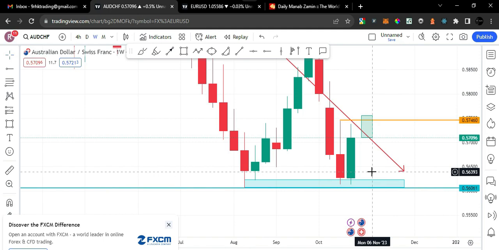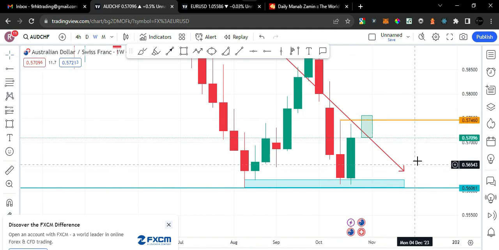People who are doing intraday trading, this analysis will not be that much for you, but even you can get an idea of what the market is doing from this analysis.